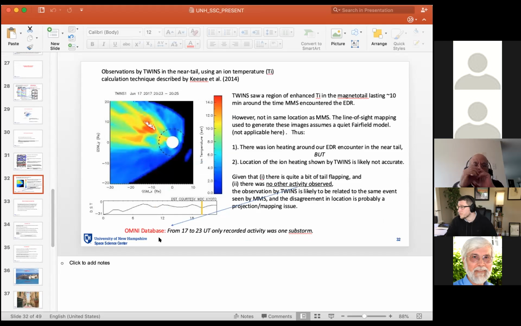Have there been any attempts to do more sophisticated modeling of the tail that would be able to refine the location of the heating region? There were some attempts apparently, but it was found that the problem is not so easy, and as far as I know, they have not been continued.